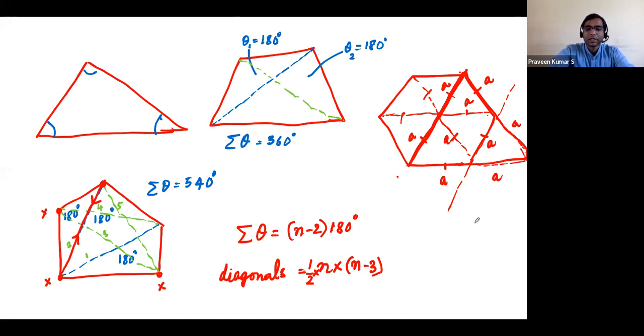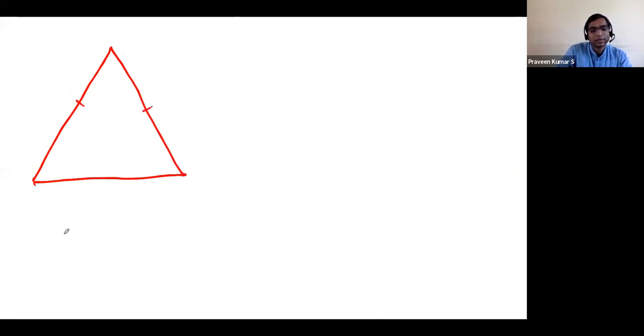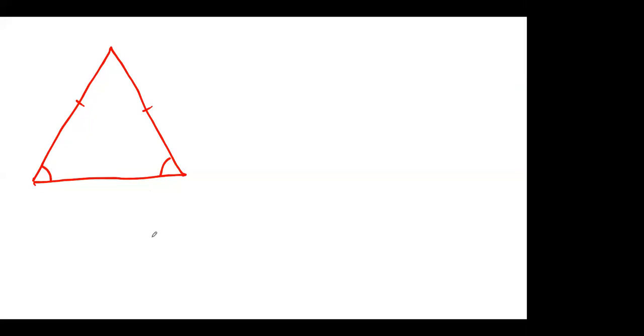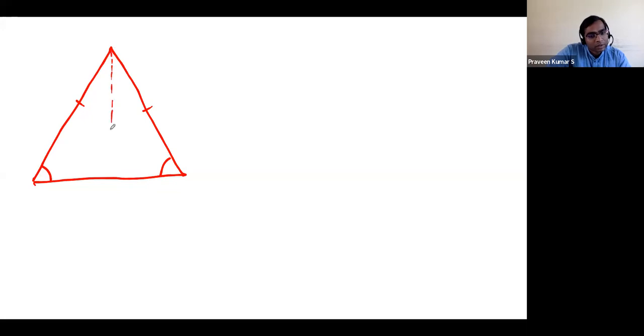Okay, now let me take the case of an isosceles triangle. So let's take this is an isosceles triangle. Can I say that these two sides will be equal and their opposite angles are equal? Yes, sir. Okay. Now let's say I draw the median here.